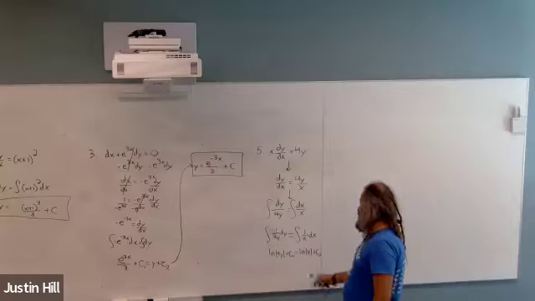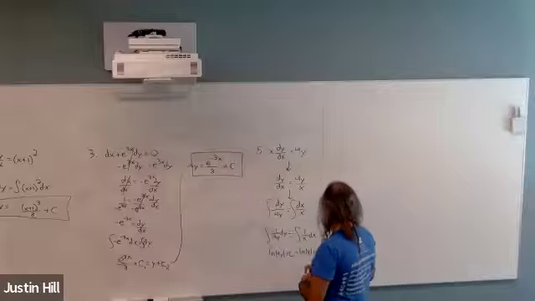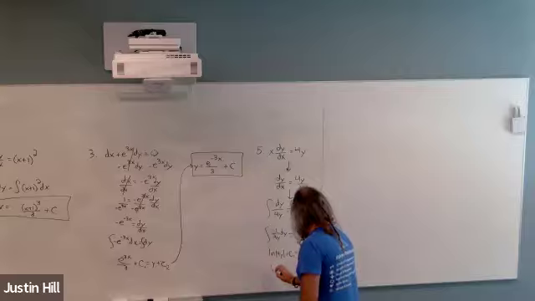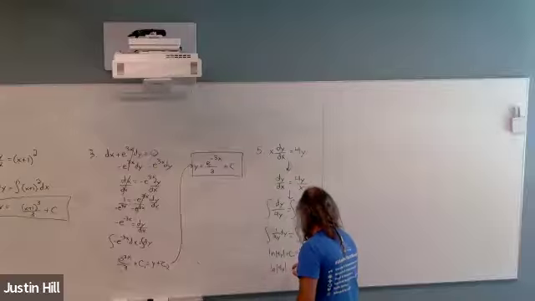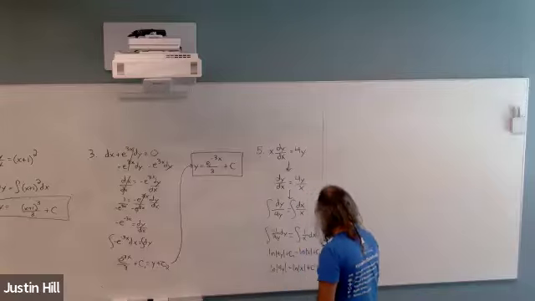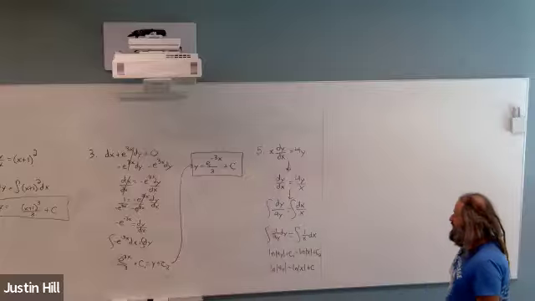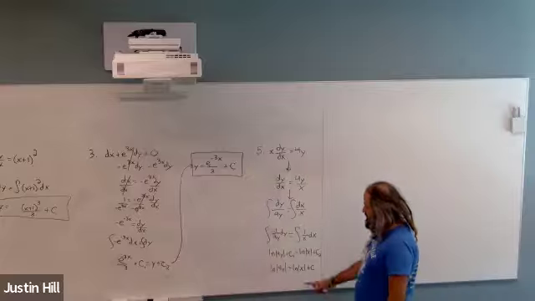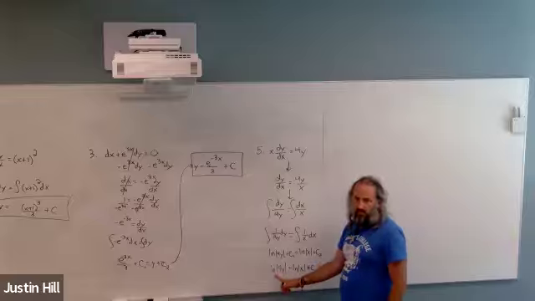So really quick, what I'm going to do here, so we can keep using this line, I'm going to have natural log of 4y. I'm going to move the constant to the other side, natural log of x plus c. Then to get y by itself, remember that natural log has a base e.